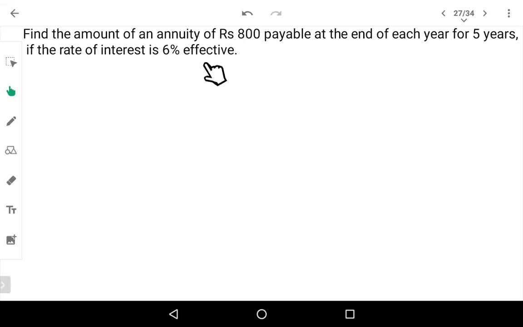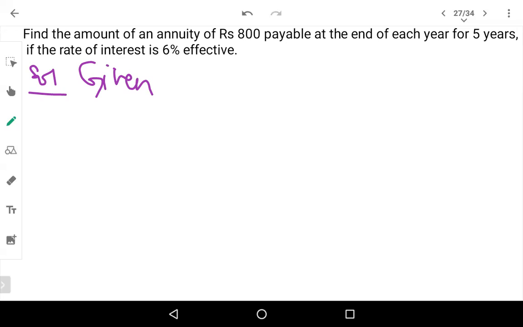So here the rate of interest is 6% and the number of payments is 5 years and 800 is the annuity amount, and this clearly states that it is payable at the end of each year. So this problem is also the annuity at the end of the year, which is similar to the previous problem.